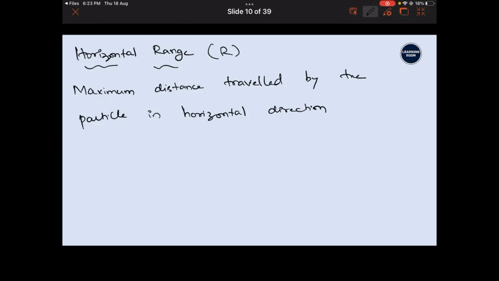So how much is that? When you go from O to B, the distance OB is what is called R.